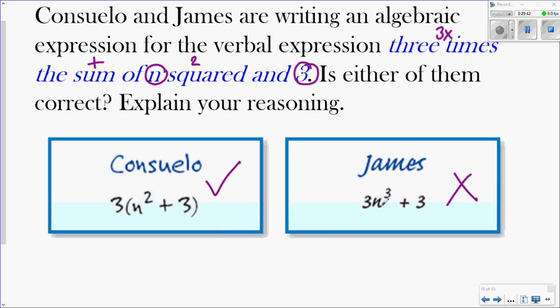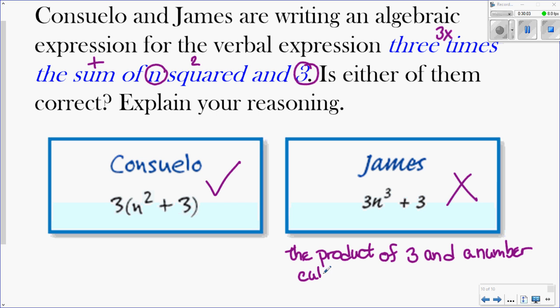Because if we were to translate this, this would be the product of 3 and n, a number, can use a number, cubed, the product of 3 and a number cubed, what can I say?